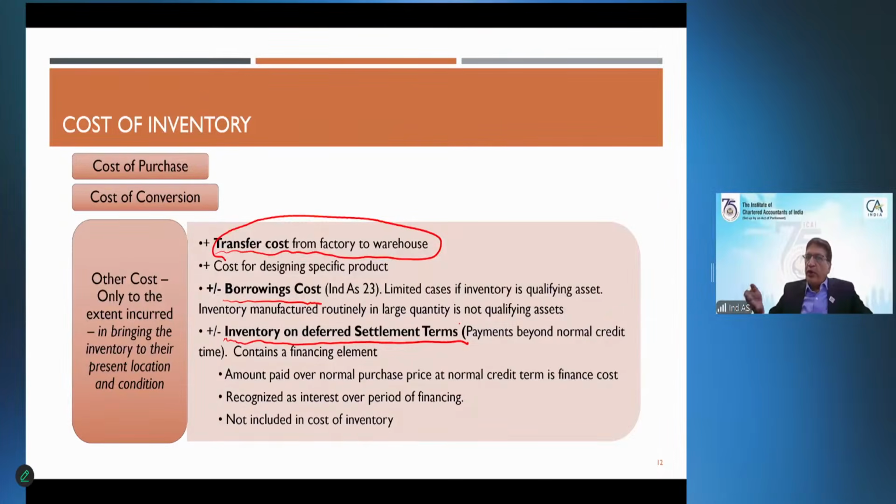Ind AS 2 clearly states that in this case, you have to find the normal purchase price, and the difference between the normal purchase price and the enhanced purchase price is not cost of inventory, but a finance cost. So in case of deferred settlement purchase of inventory, we have to segregate the normal purchase price and the finance cost. Finance cost goes to finance cost, inventory cost goes to inventory cost.